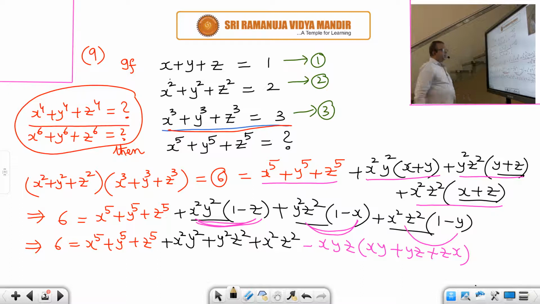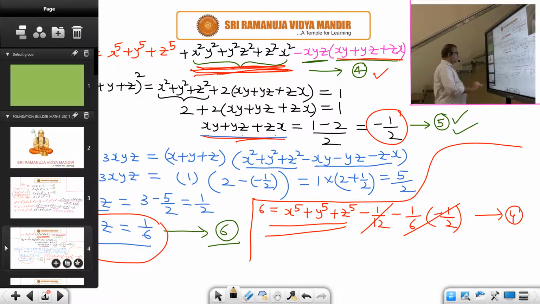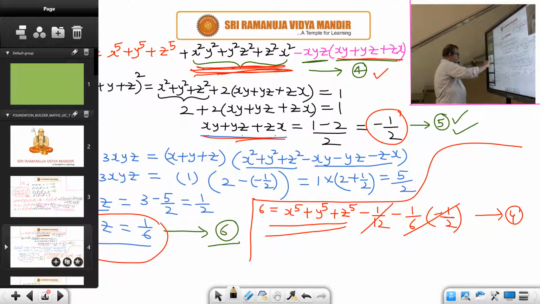Okay, this problem, the 9th problem, I completed yesterday in the last class. So the 9th we have completed.